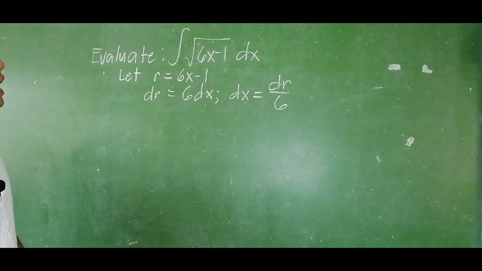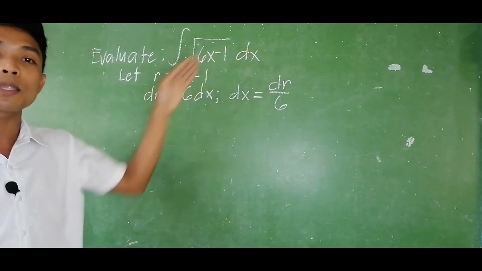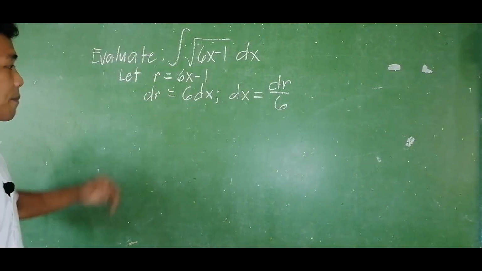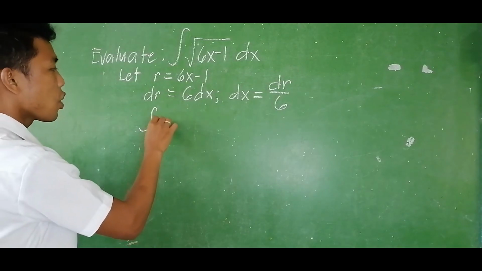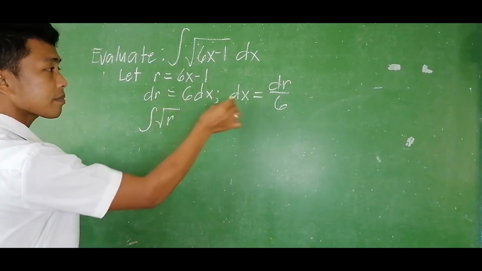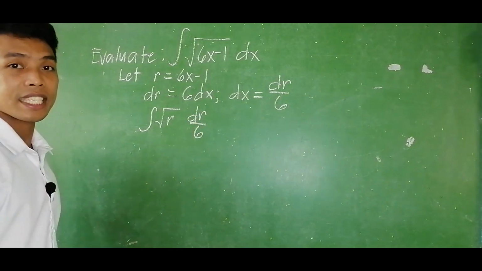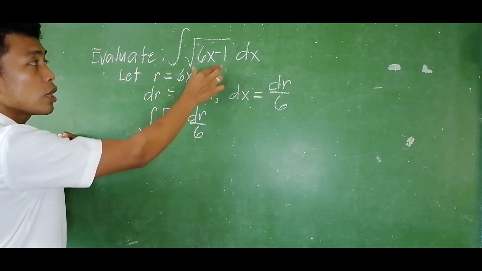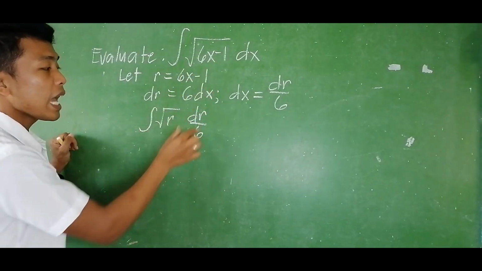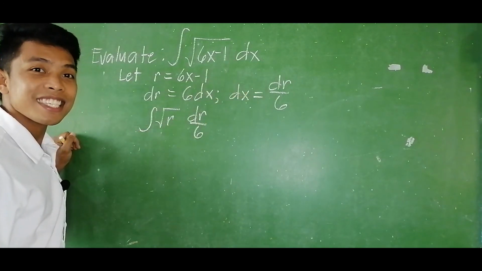Alright, now we can write the integral of the square root of 6x minus 1 with respect to x in this form. We will get the antiderivative of the square root of r times dr over 6. Remember, r is substituted for 6x minus 1 and dr over 6 is substituted for dx.